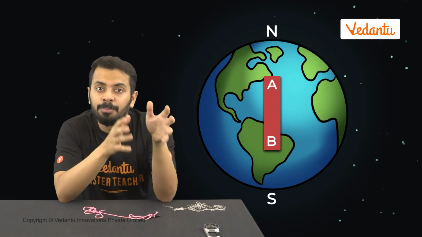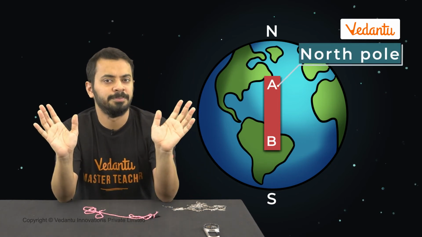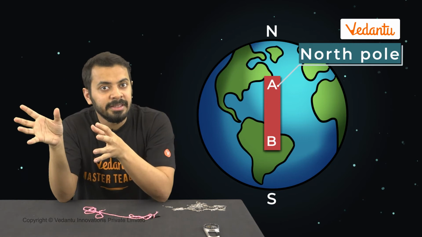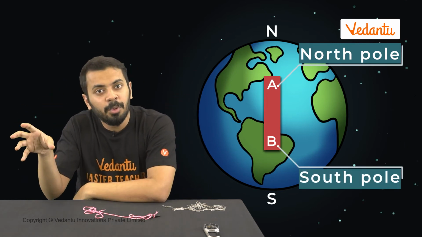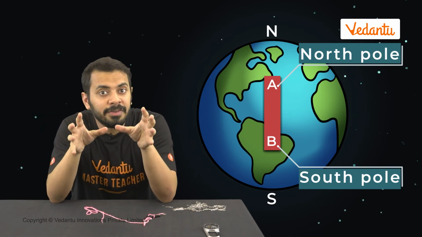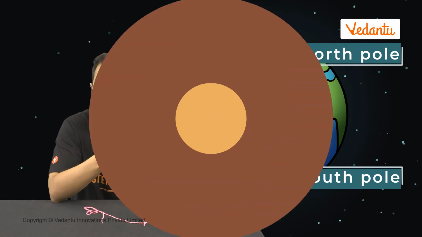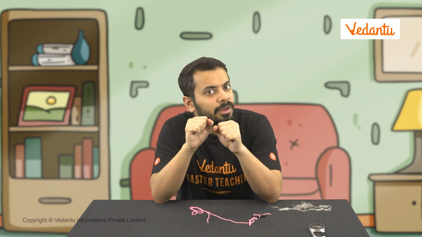The end or the pole which is pointing towards north is called the north-seeking pole or just the north pole. The other, B, pointing towards south is called the south-seeking pole or the south pole. So in magnets, we also have the north poles and the south poles. Isn't it interesting? This aligning property of a bar magnet along the NS direction is actually quite useful.